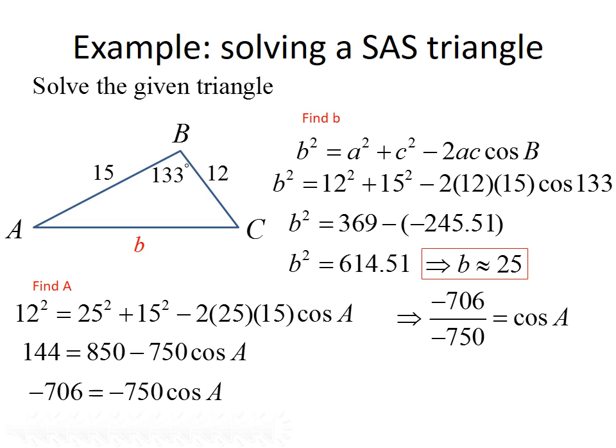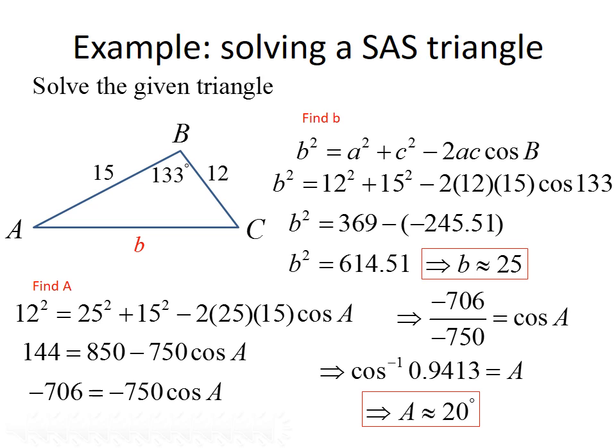So negative 706 divided by negative 750 equals the cosine of A. And then to solve for A, we'll take the inverse cosine of both sides. So A equals the inverse cosine of 0.9413. And if we evaluate that with our calculator, we'll get that the measure of angle A is approximately 20 degrees.